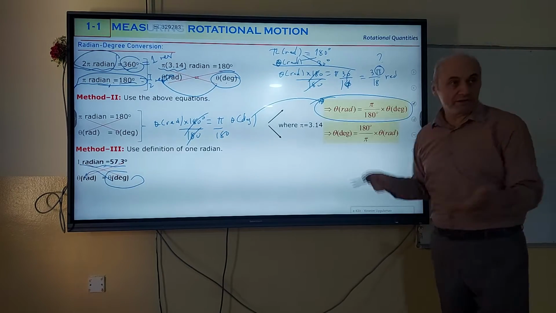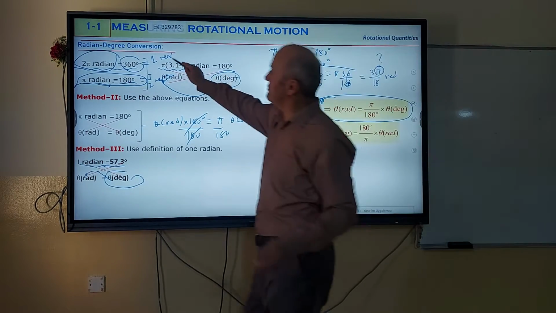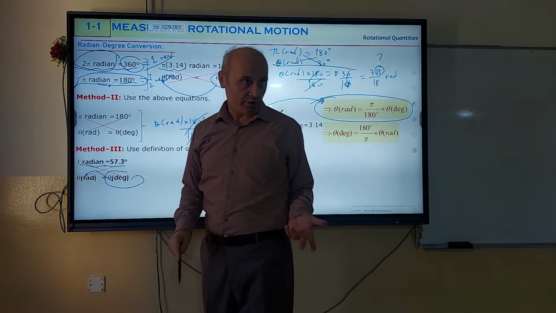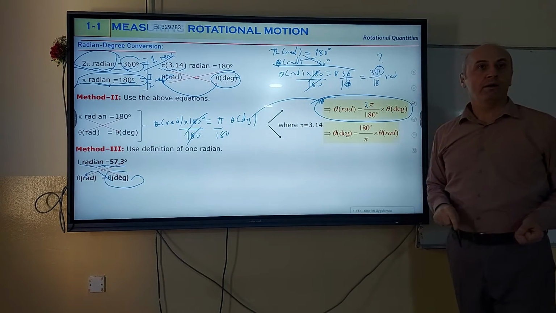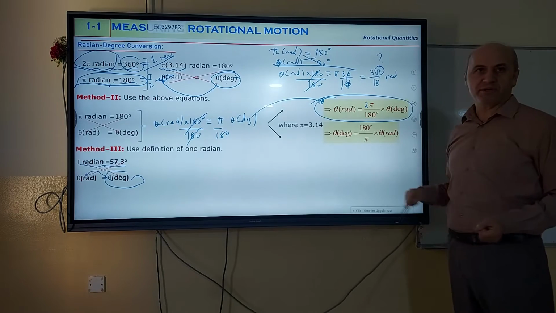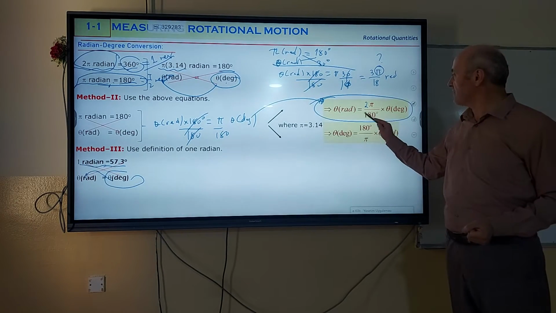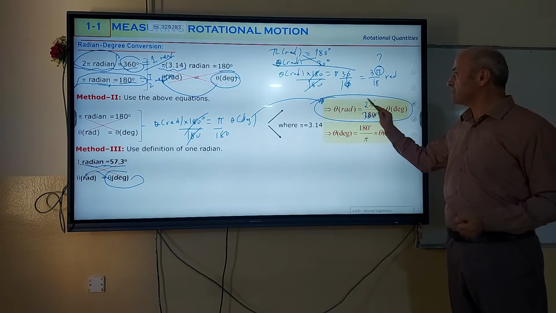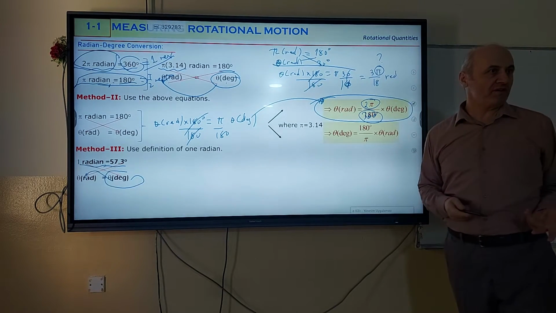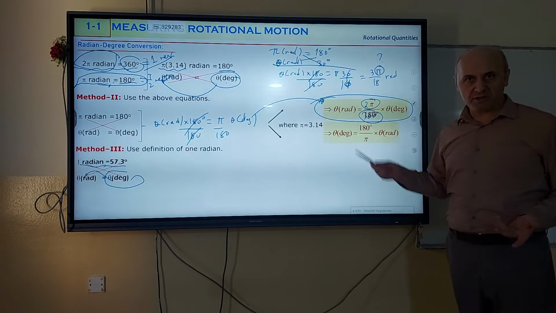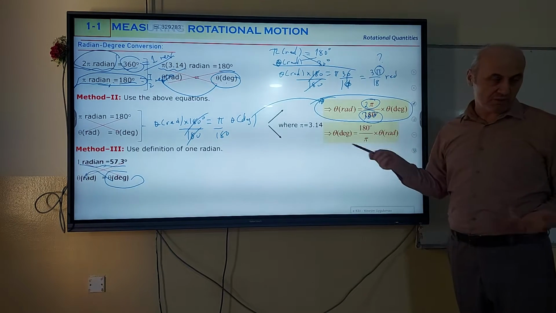Can we also write this equation using the 1 revolution measure? Yes, we can. Here you write 2 pi, and the denominator is going to be 360. Did you get that this is 1 revolution, and this is also 1 revolution, but in different scale? One is in radian, the other is in degree, but they are equal to each other.